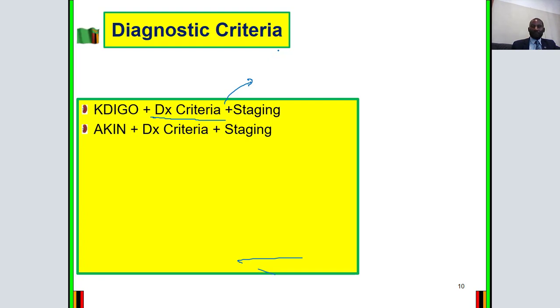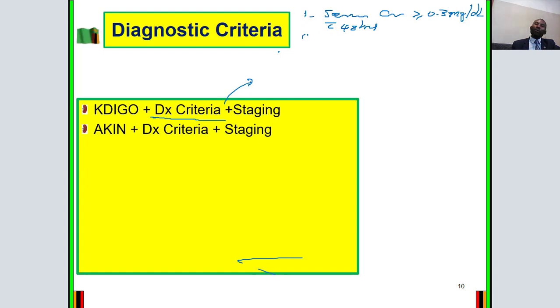Number 1, for us to diagnose, we have to consider these things. It is when serum creatinine is equal to or above 0.3 milligram per deciliter within 48 hours.